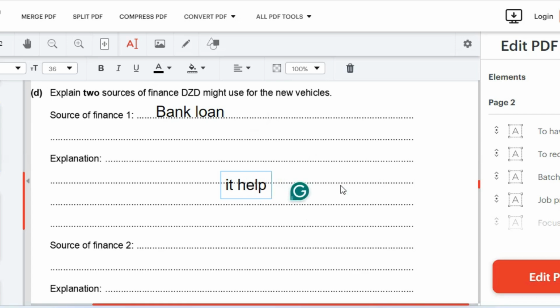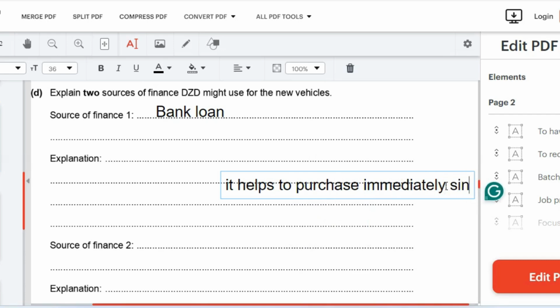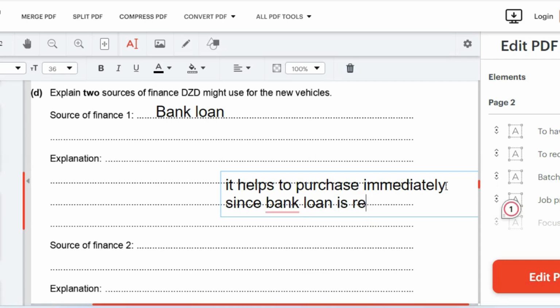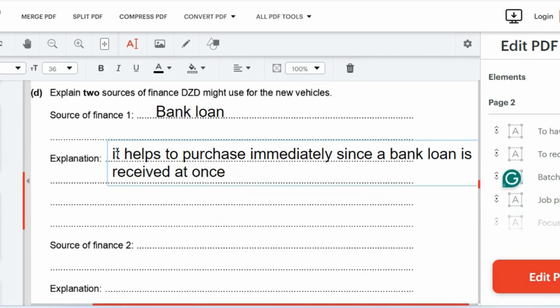It helps to purchase immediately, since bank loan is received at once. Now let us try to fit this in, and this should start with capital letter.